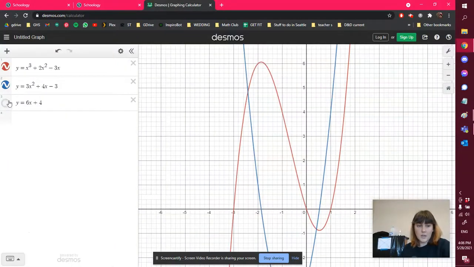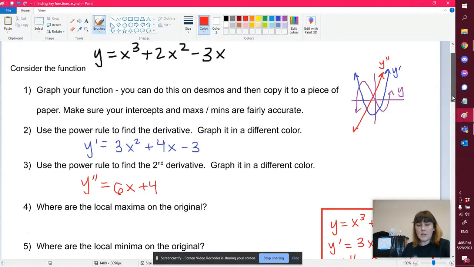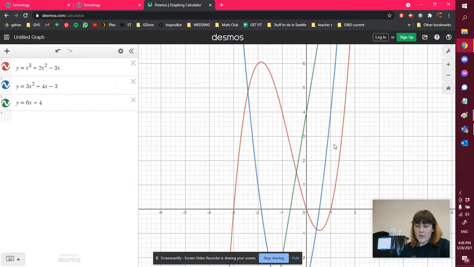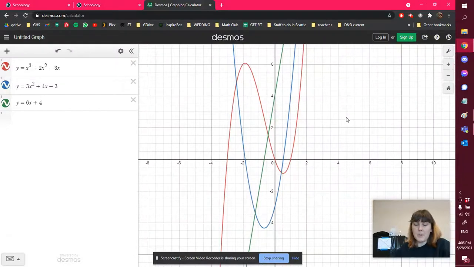And then we graph it either on Desmos, where it's going to be a straight line, right here, or we graph it on our piece of paper, and we just guesstimate a little bit. Great. And again, you can take your graph here, screenshot that, bada bing, bada boom.